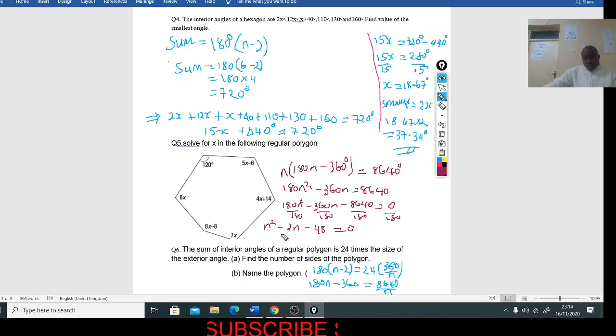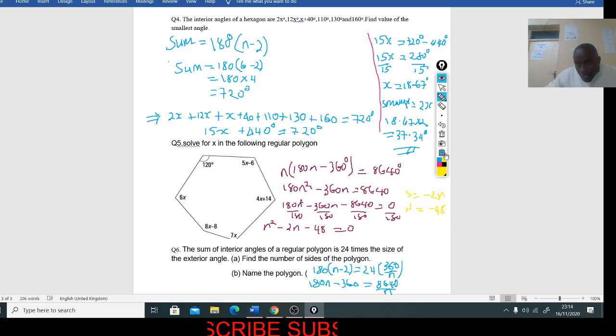If we use the factorization method, the sum is negative 2n. The product is the coefficient here times this, which gives you negative 48.